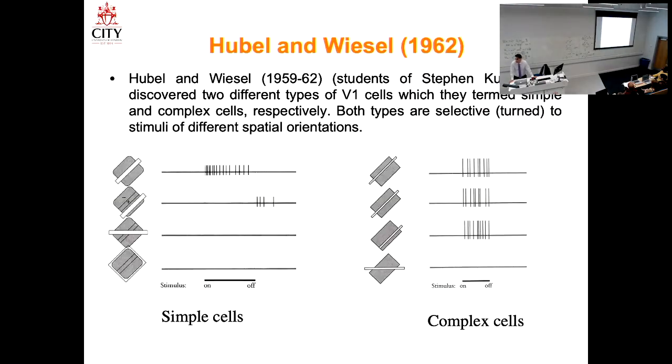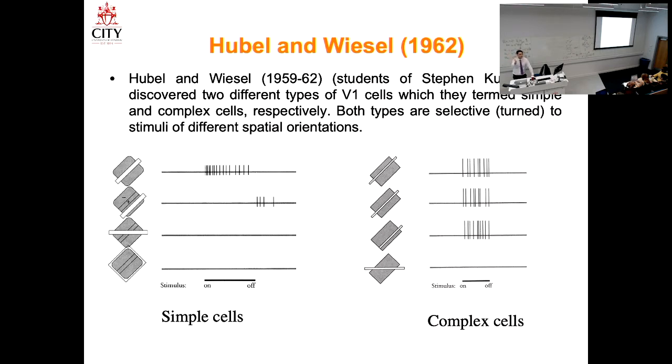The difference between a simple cell and a complex cell is that a simple cell fires to a specific orientation, but as soon as the object is outside its view or is longer than its receptive field, that simple cell doesn't see it anymore. It doesn't fire anymore. But a complex cell is on top, and it sees the outcome of a few simple cells. So it can see the bar even if it is longer, or if it is moving in its receptive field. That is why they are called simple and complex cells.